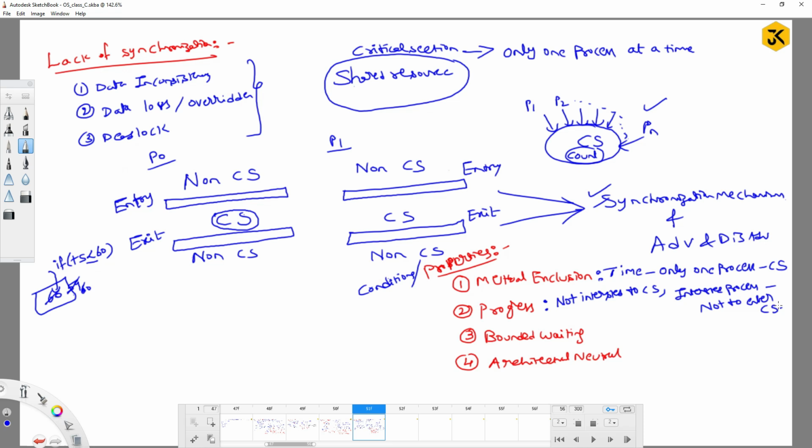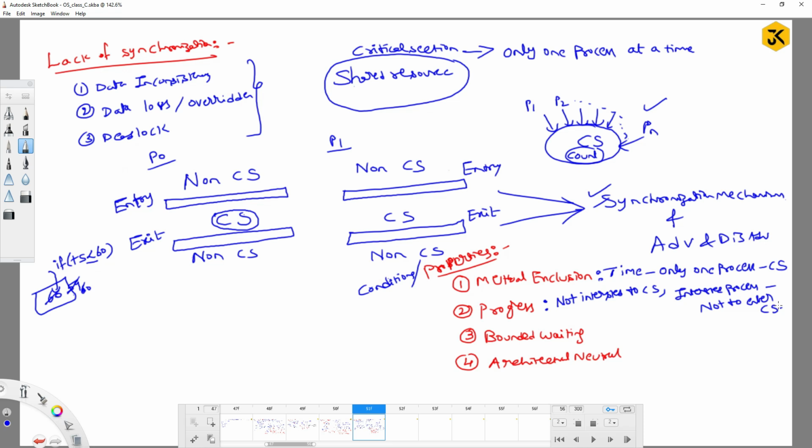For example, there will be one empty slot in the class. Out of 60 students, 60 places, one empty slot is there, and outside 5 students are waiting. And 4 students are not at all interested. One student is very much interested to enter into the critical section, right?